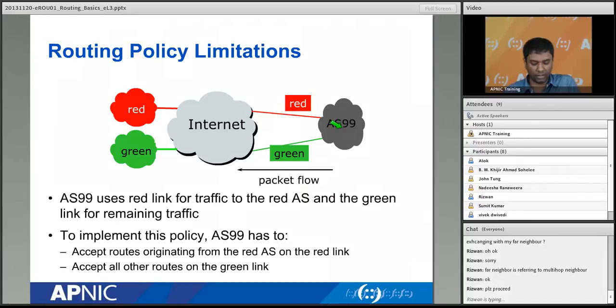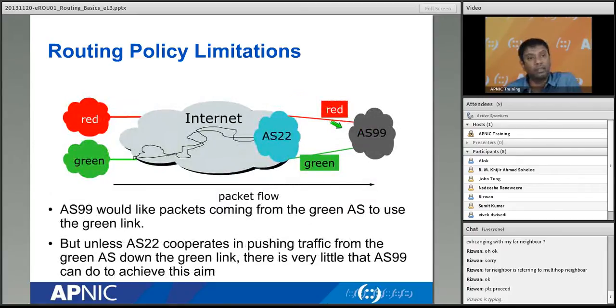If you see a complicated environment, where you have an AS in the middle on the internet, then AS99 advertises the prefix to AS22, and that is advertised via the red link. But if AS22 doesn't advertise the prefix via the red link, then the path all the way along the red link will not be established.